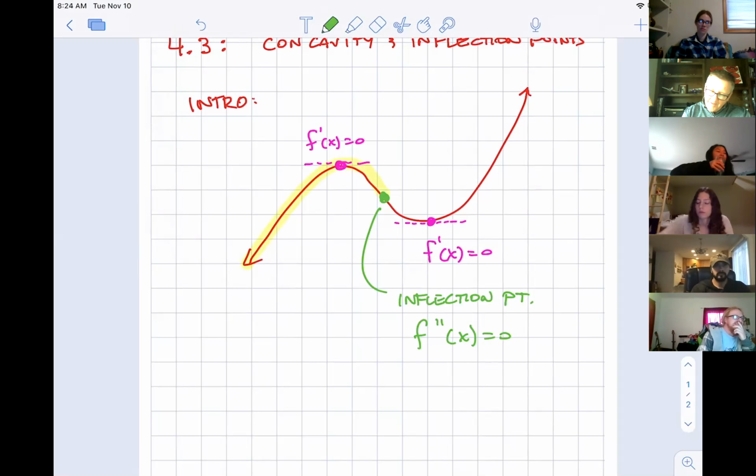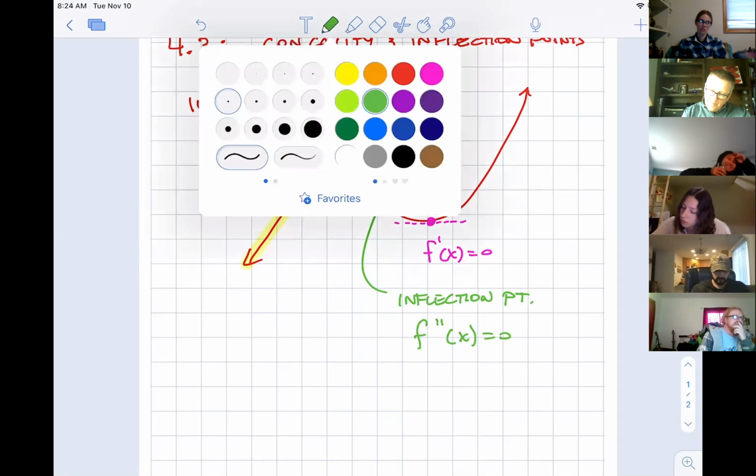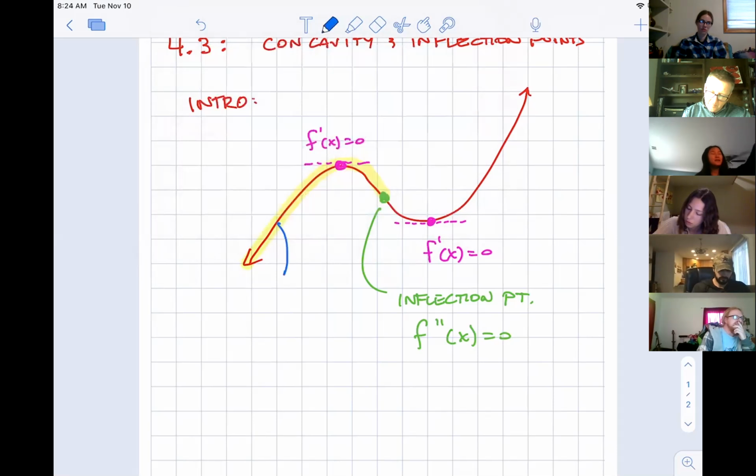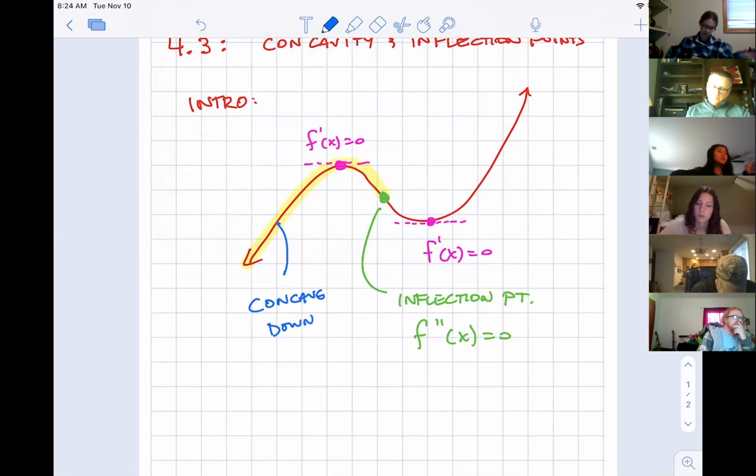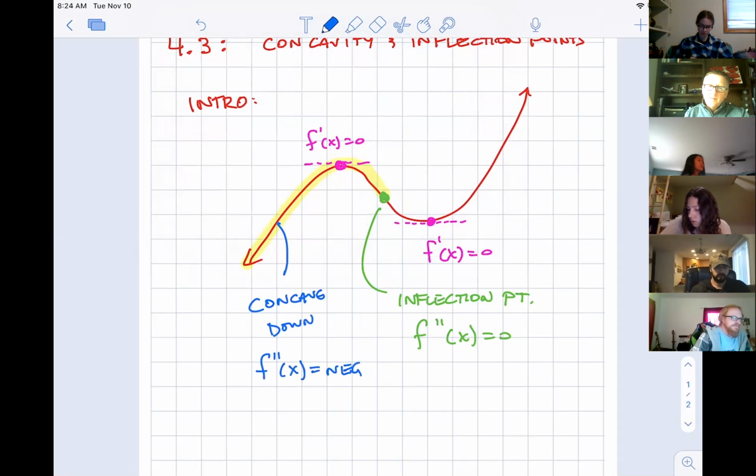So through this section, what color do I want to use here? Blue. Through this whole section, this thing is concave down. And we saw a second ago that concave down can be determined when f double prime of x is a negative number.